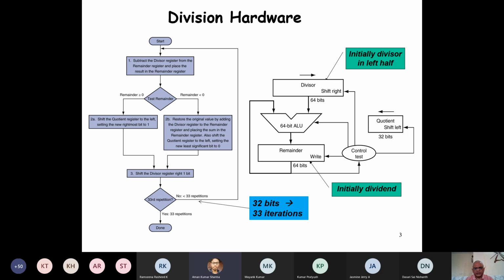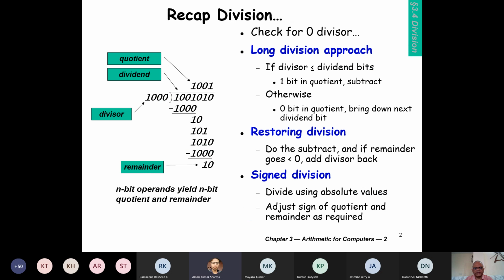Then how will we check whether the MSB is 1 or 0, so that it is negative or positive? Because 1 is also positive, 0 is also positive in unsigned bits.